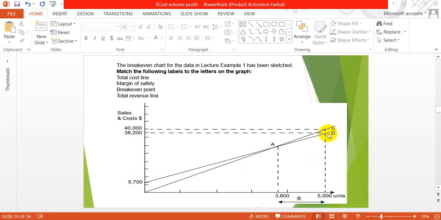So that is our D. Again, be able to label the lines if you are given them in the exam.